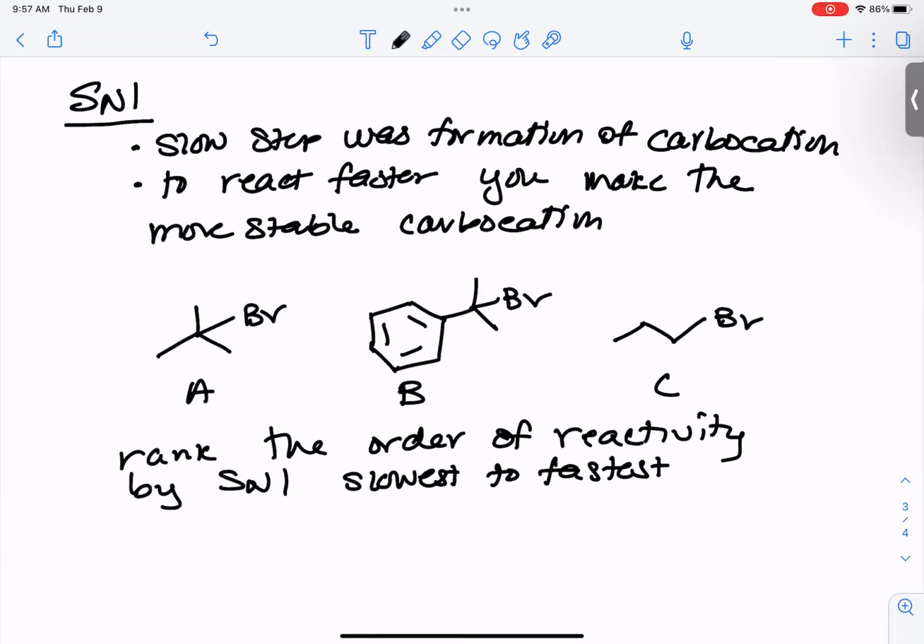Which one is going to have the slowest rate of SN1 reaction? C. Which one's going to have the second slowest? A. Which one's going to be the fastest? B. So I can do this and explicitly say to you SN1, or I could give you reagents.